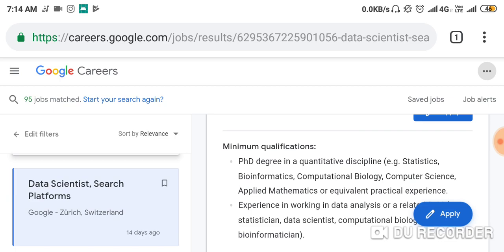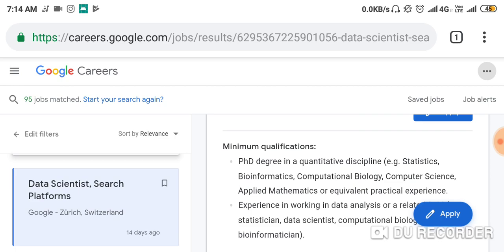Now in the last part, you should know what degrees are required. A lot of people from a lot of degrees are making their careers in data science, like people from mathematics background, statistics background, economics background, commerce background, business application, like MBA graduates.